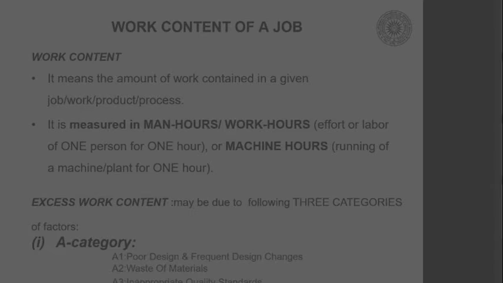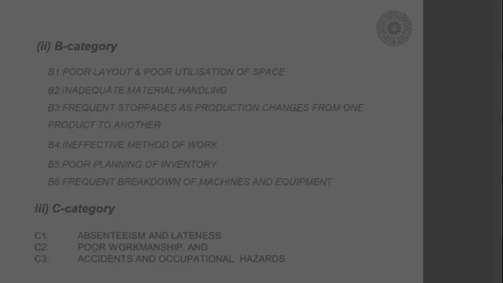That means suppose we want to achieve good quality, but our machines and our tooling standards are very old. So this falls under the A3 category. So these are some factors owing to design, material, and quality standards, so they fall under the A category.